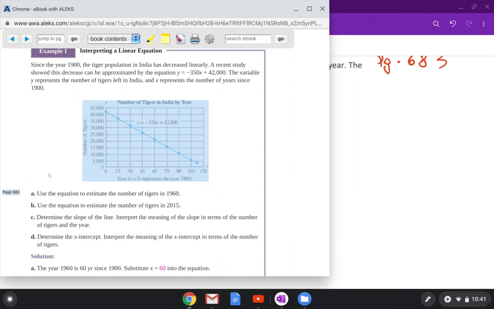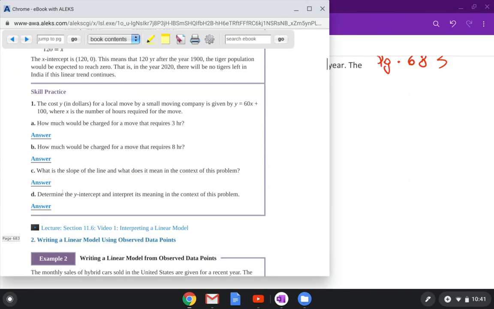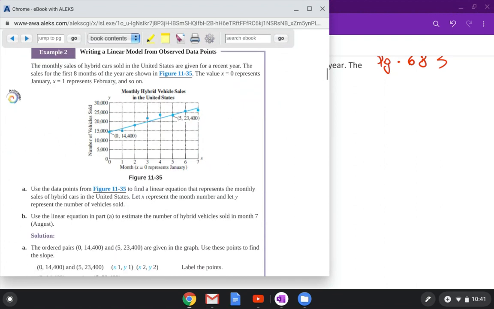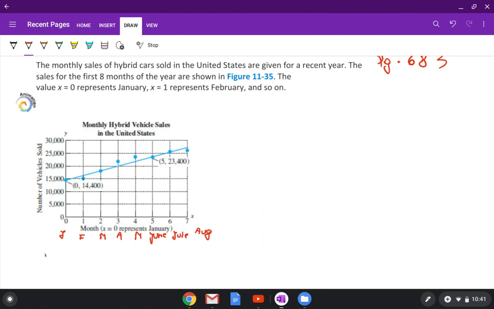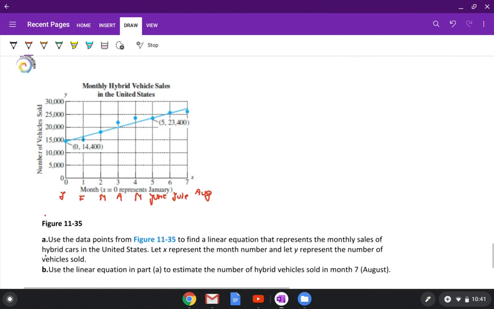No, that's not this one. Right here. Okay, so this is what we're going to work on.